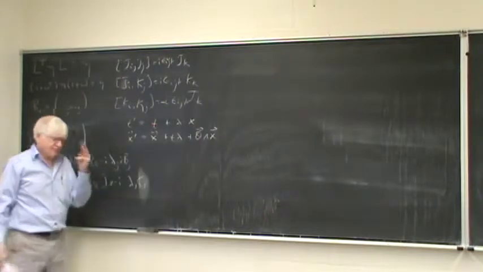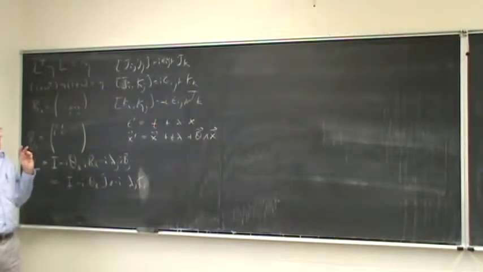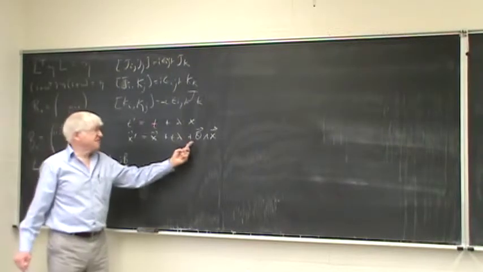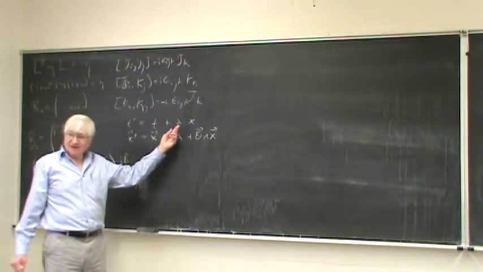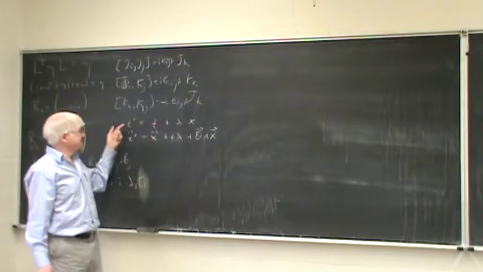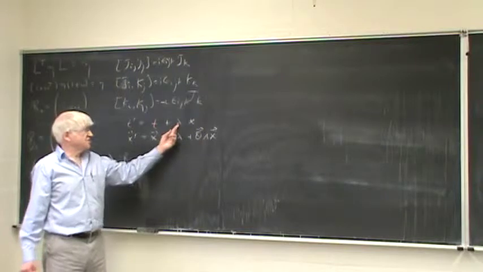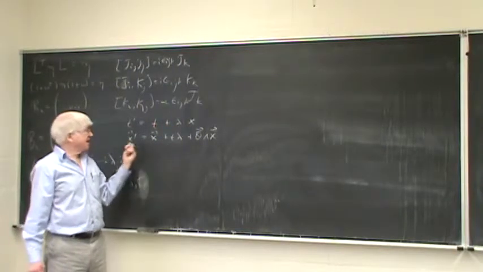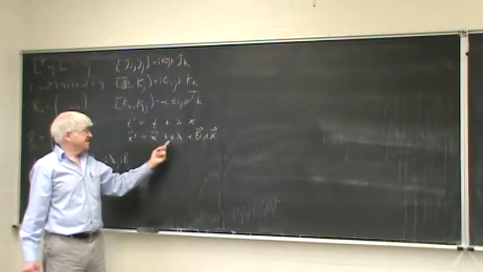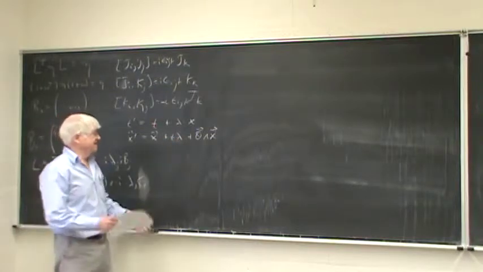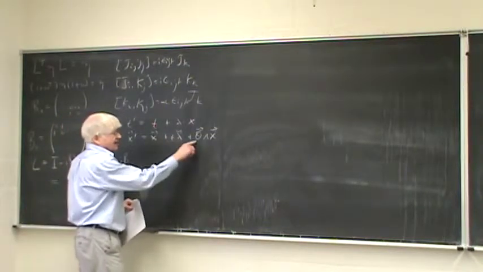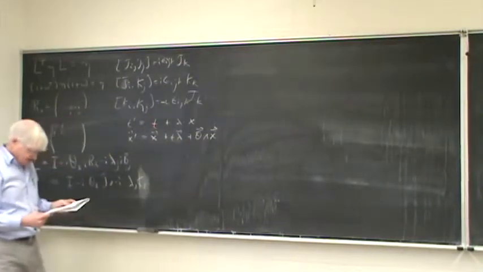So we have a rotation about the angle theta, which is infinitesimal, and a boost in the lambda direction, infinitesimal. This is the way time and space behave. Time is just lambda dot x. x is t times lambda, this is a vector, and then plus theta cross x, which you'd expect.